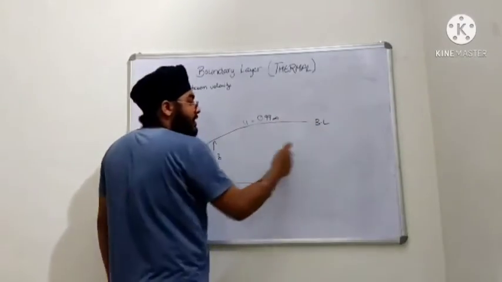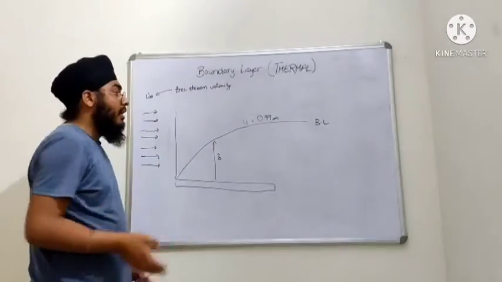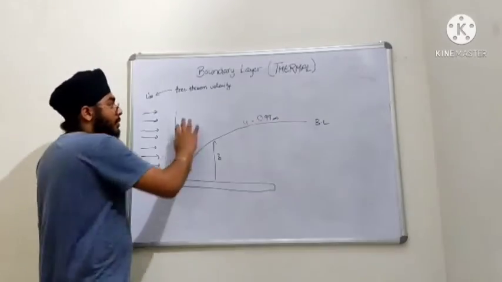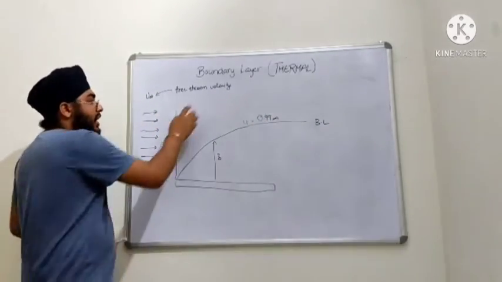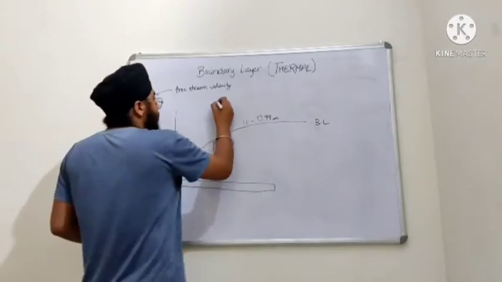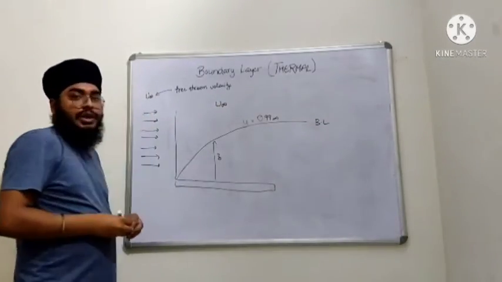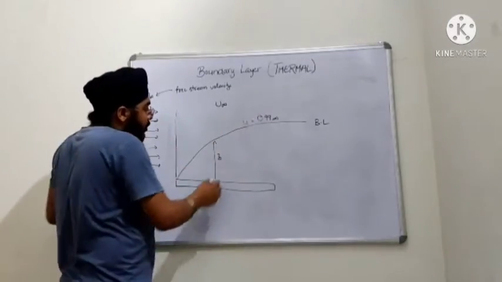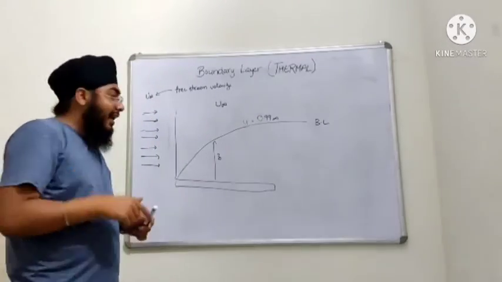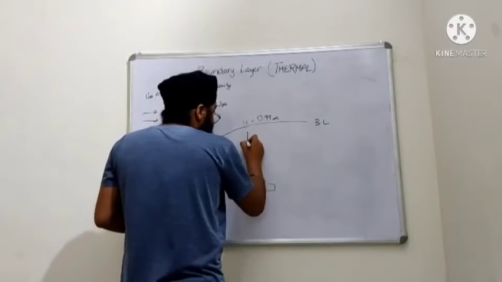The fluid under this curve will have the effect of viscous force, but the fluid outside this curve will not have any effect, and the velocity of that fluid will be equal to the free stream velocity. As we move upward from the plate to the curve, the effect of the viscous force decreases.